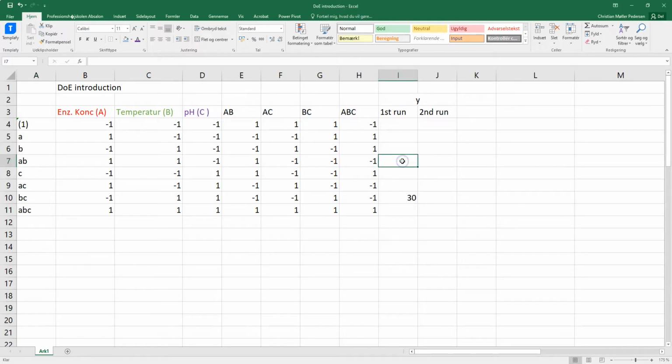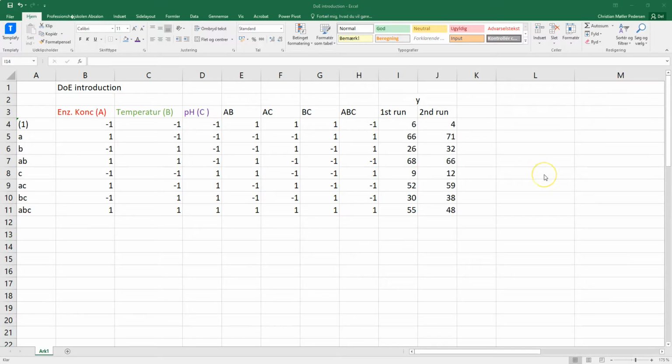And that happens to give us a yield of 68. And then we roll a die or whatever process we use to randomize the order, and out comes the next experiment, and that turned out to be this one, let's say, giving a yield of 55. And we continue like that until we have all the 16 measurements, but in randomized order.